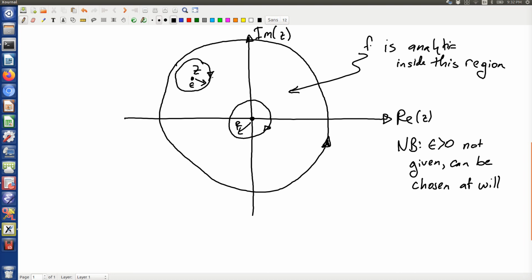Now what that does for me is it allows me to make use of a slight generalization of the Cauchy-Goursat theorem, which tells me that the integral of an analytic function on a simply connected region is always 0. And this is not a simply connected region because of the hole, the radius r business going on here.